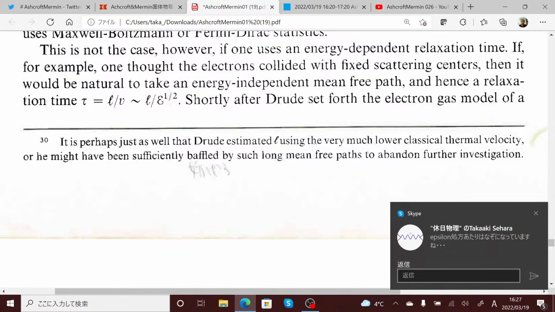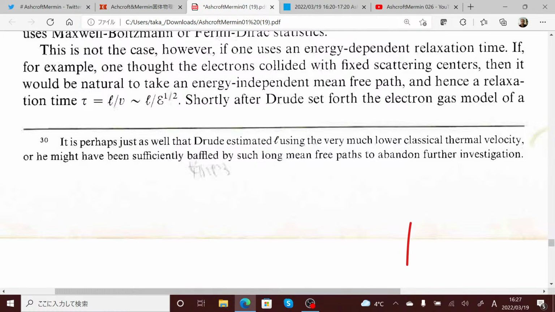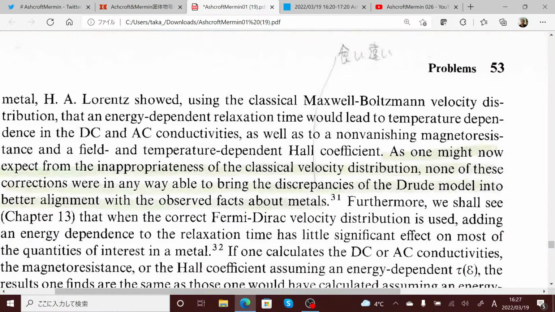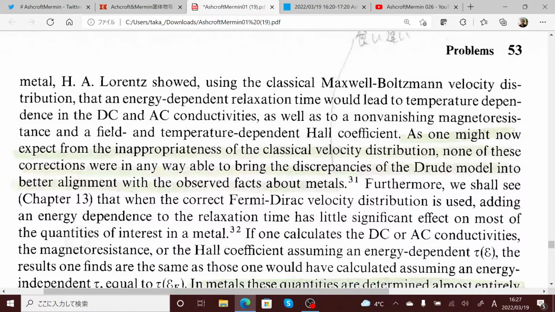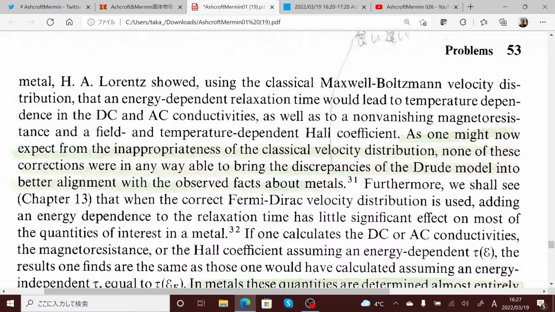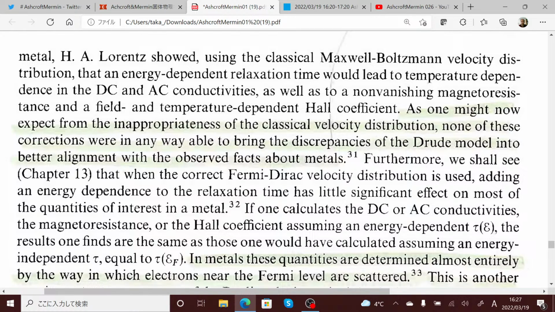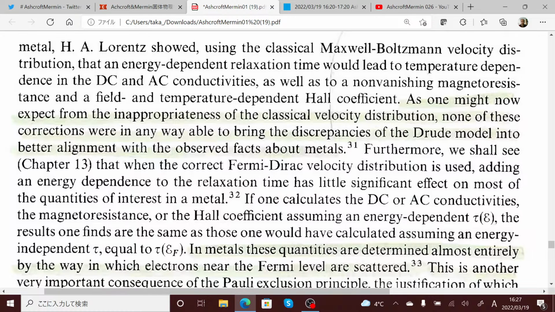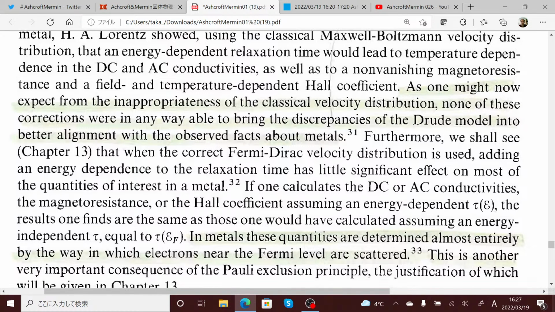Shortly after Drude set forth the electron gas model of a metal, H.A. Lorentz showed, using the classical Maxwell-Boltzmann velocity distribution, that an energy-dependent relaxation time would lead to temperature dependence in the DC and AC conductivities, as well as to non-vanishing magnetoresistance and a field and temperature dependent Hall coefficient, as one might now expect from the inappropriateness of the classical velocity distribution.